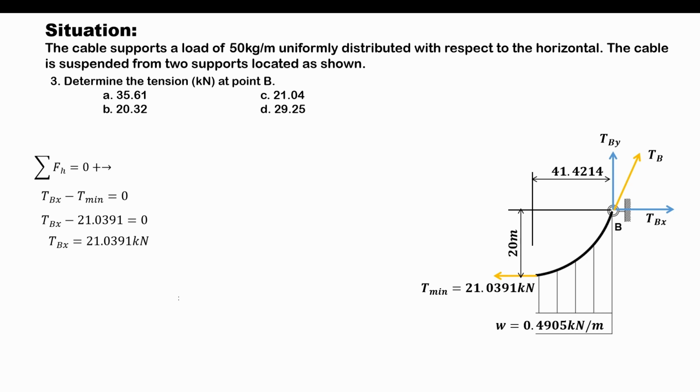Now, let's consider summation of forces along the vertical direction, considering that those forces acting upward to be positive. So let us first consider the vertical component of tension at B. And as you can see, it is acting upwards, so we have here positive TBY.